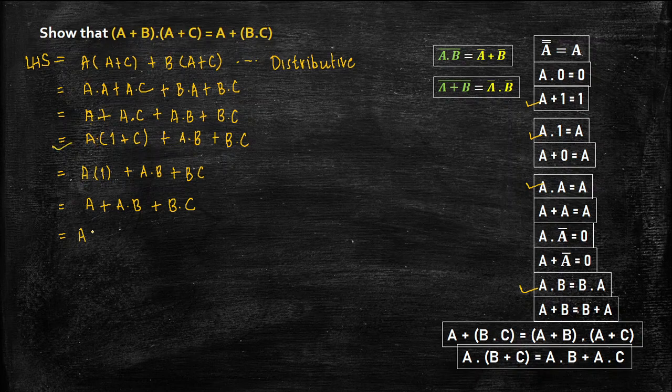Same way A is taken common, so inside the bracket it will be 1 plus B, and as we have used here 1 plus C replaced by 1, similarly 1 plus B also is replaced by 1 only, plus B dot C, which comes down to A into 1, which is always A, plus B dot C, and this is what we wanted to show. Hence shown, LHS is equal to RHS, right?